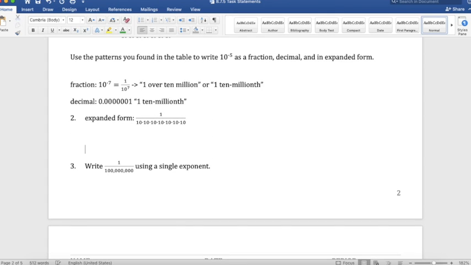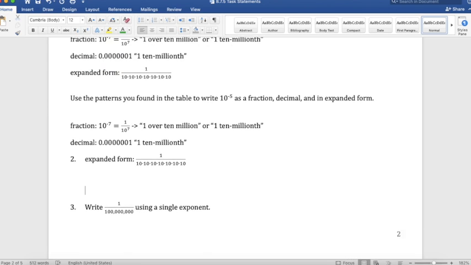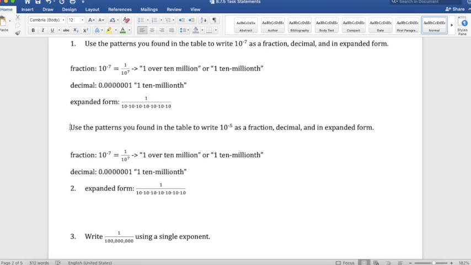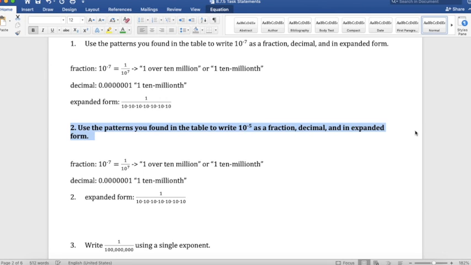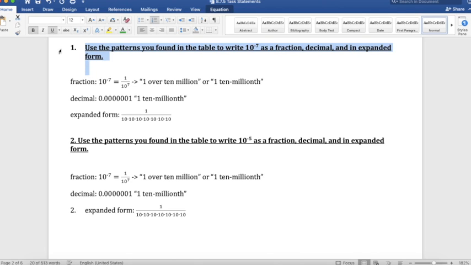So let's see. All right, here we go. So here's question 2. And I'll put these in bold so I can actually tell what the questions are. That's bold and underlined. Okay, so instead of 10 to the negative 7, we now have negative 5.